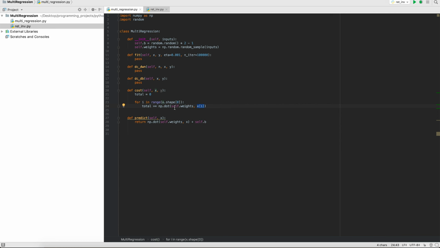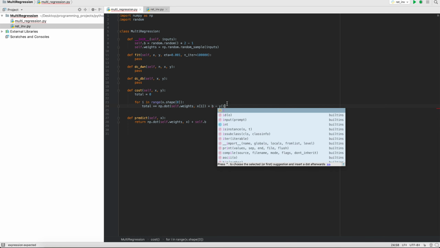The weights don't change for a sample. The weights are the same for every sample. What changes are the inputs, because we're propagating the error here. So this is the cost, right? Or the cost. I'm saying error and cost are used interchangeably. That doesn't really matter. So plus b minus y in i also.